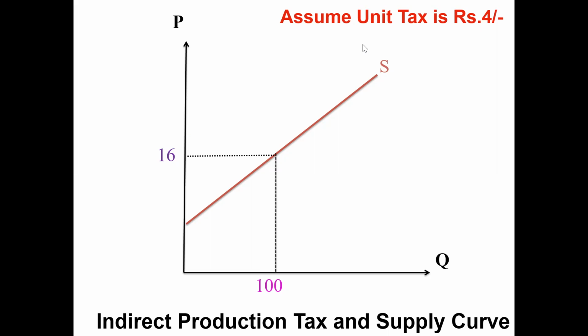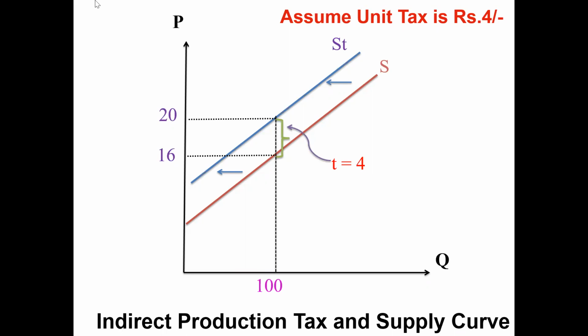Now the seller is willing to supply 100 units if the price is, yes, 20. Unless otherwise, the seller doesn't supply the product. You can see this gap is tax. So this vertical gap is tax. At any quantity you take, this vertical gap is tax, which is 4 rupees.